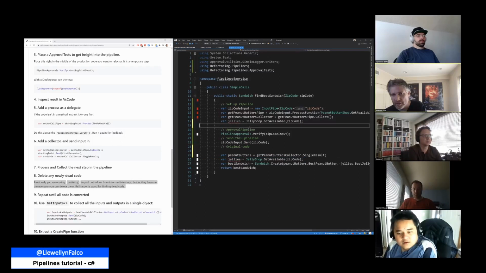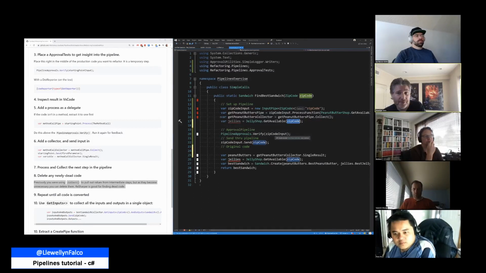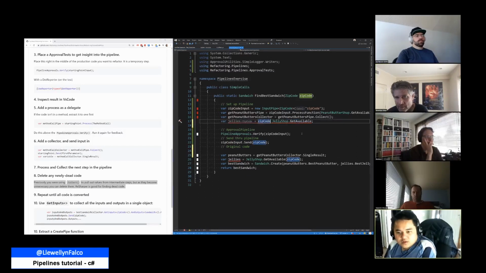Then you have to ask the question: the input parameters, is there already a pipe that gives you the input parameters? No. We need to create a new input pipe. What is your input parameter? Oh yeah, you're right. The input is the same, so line 14 is the same. So put that at the front of the method when we use a pipe. So which means we have the zip code input.